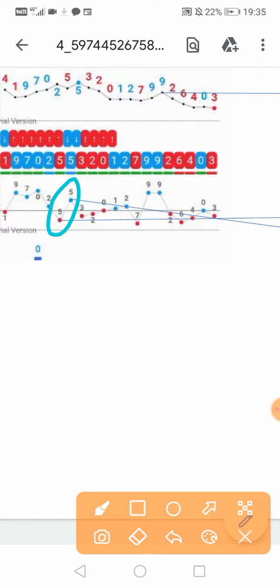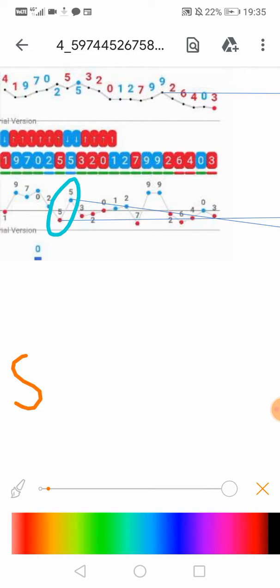But you notice that from 5 to 3, the red numbers are already ascending, meaning whatever is happening in the red zone is ascending. This should already tell you what will happen in the blue zone. It means in the blue zone the numbers are going to descend.